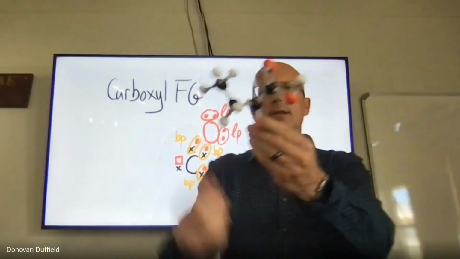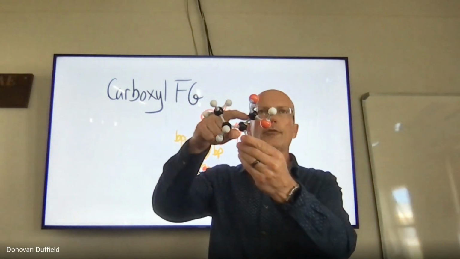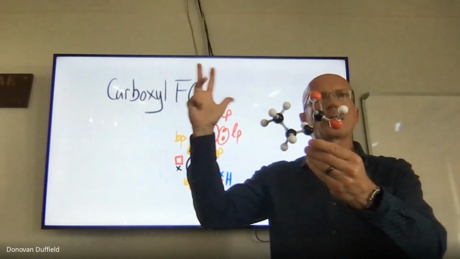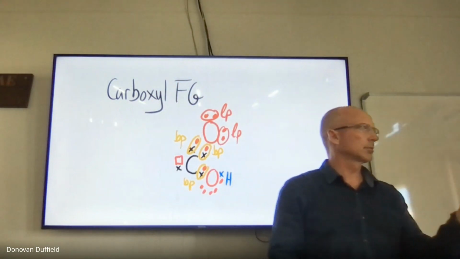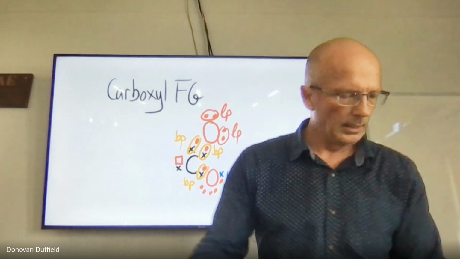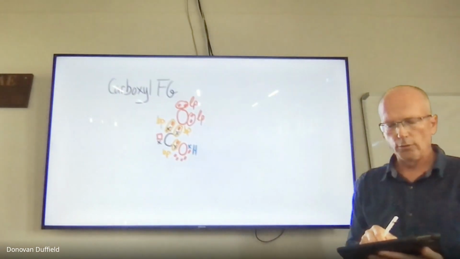If we look at this one, how many carbons does it have? 1, 2, 3, 4. So this would be meth, eth, prop, butanoic acid.